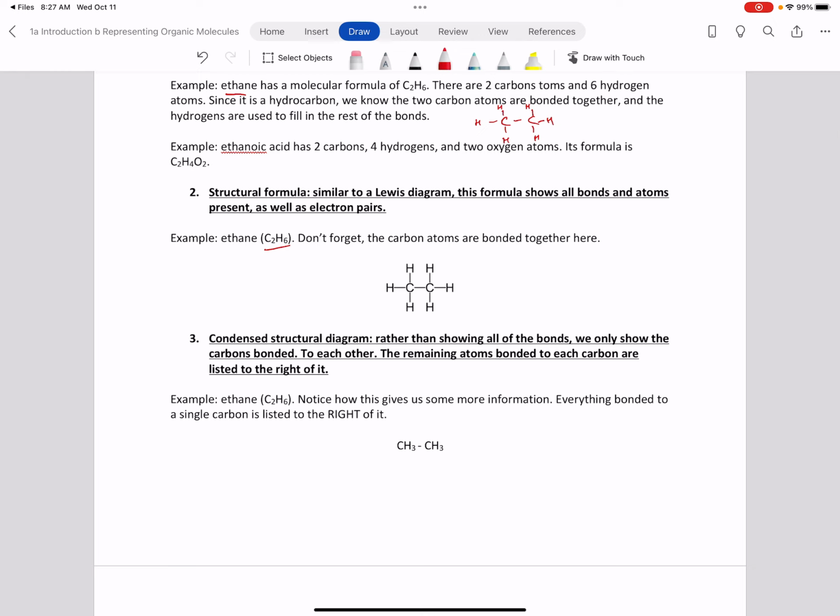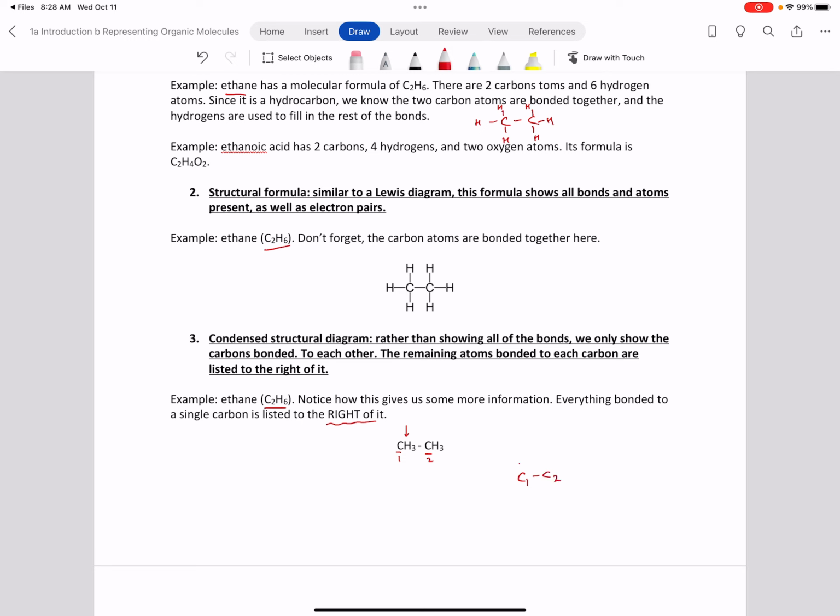A third version is the condensed structural diagram. So this just shows us only the carbons and what are bonded to them. So in the case of ethane again, because there are 2 carbons there, we show carbon 1 and carbon 2 with a dash in between them. Now everything to the right of the carbon is what is bonded to it. So in this case, carbon 1 is bonded to carbon 2 as a chain because it's a hydrocarbon.